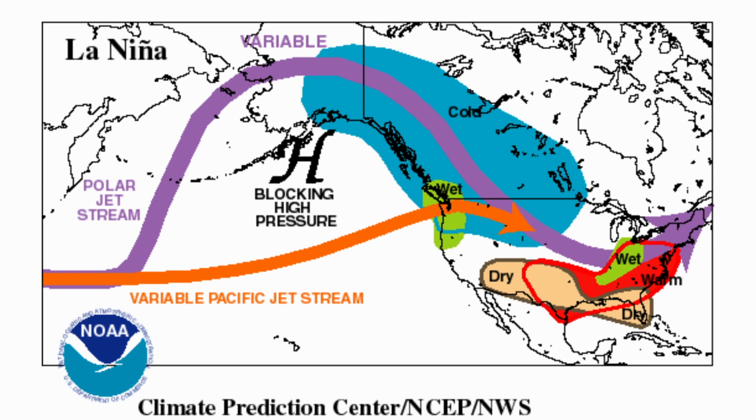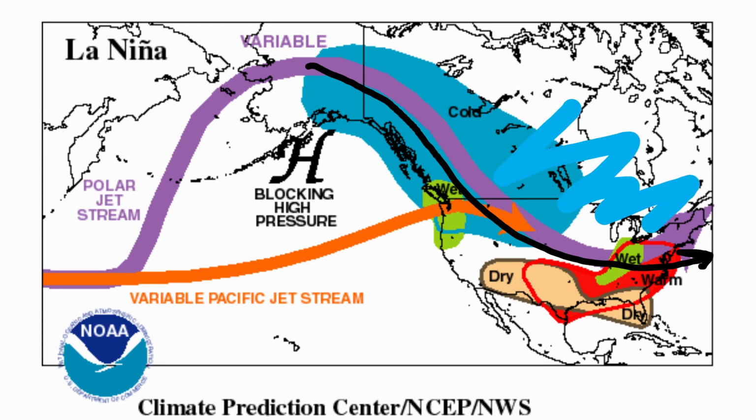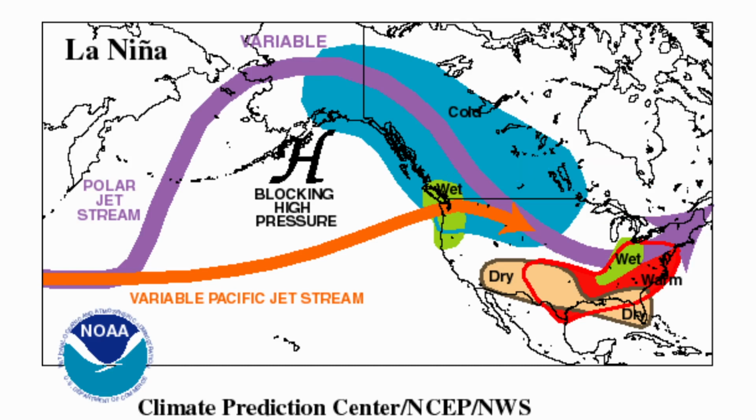So it's all dependent on the high pressure out near Alaska way more than anything else, and that's going to drive the jet stream, because the jet stream is going to dip down so far to the south during the winter. You're going to have those colder temperatures which are going to fill up for this entire area right here. So this entire region is typically going to be a little bit colder than normal. And you can see that to the south of there, you're not going to be as cold. So you're going to have warmer conditions, drier conditions for the southeast, the southern plains, the southwest.